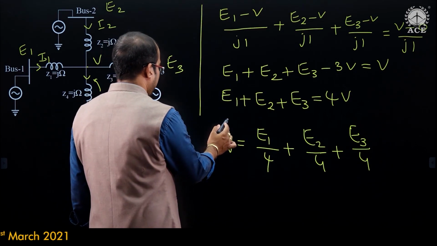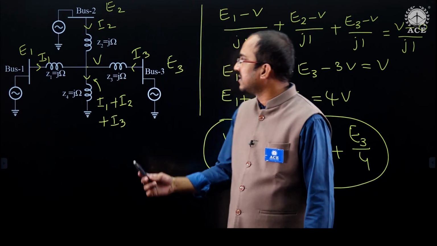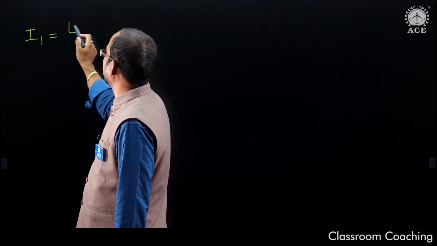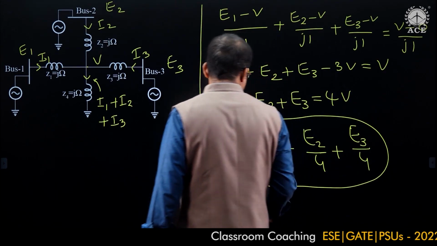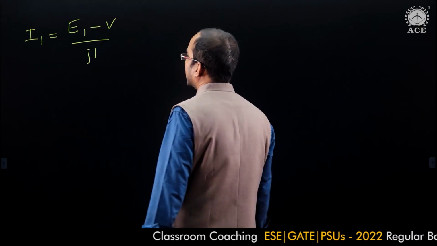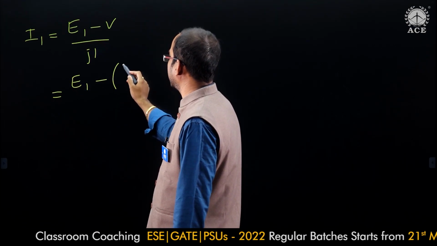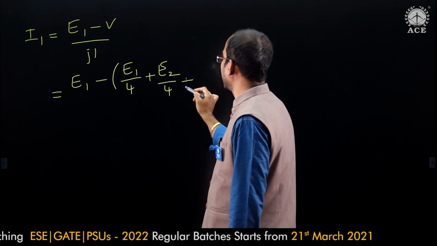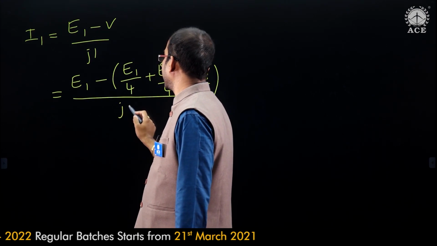So once we get this value, now let us write the equations for I1, I2 and I3. I1 can be written as E1 minus V by J1. So this is the equation for V, now let us substitute here. E1 minus V, where V is E1 by 4 plus E2 by 4 plus E3 by 4, all by J1.